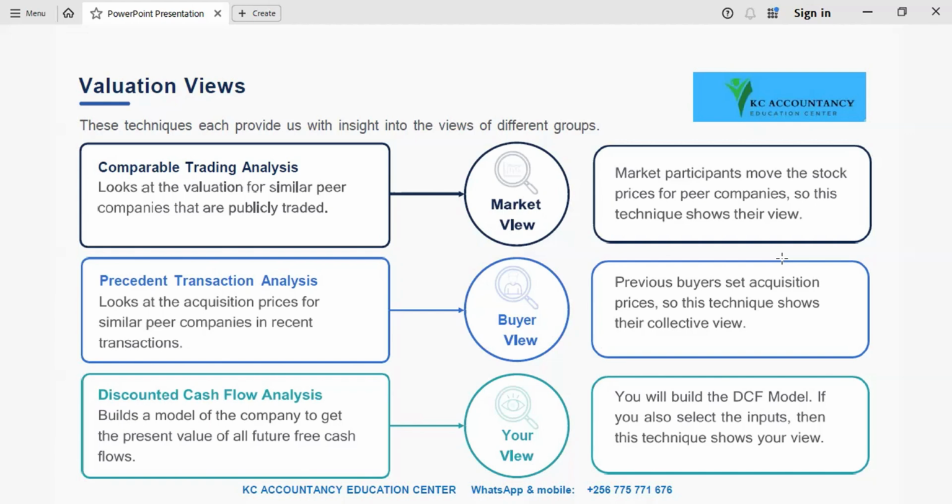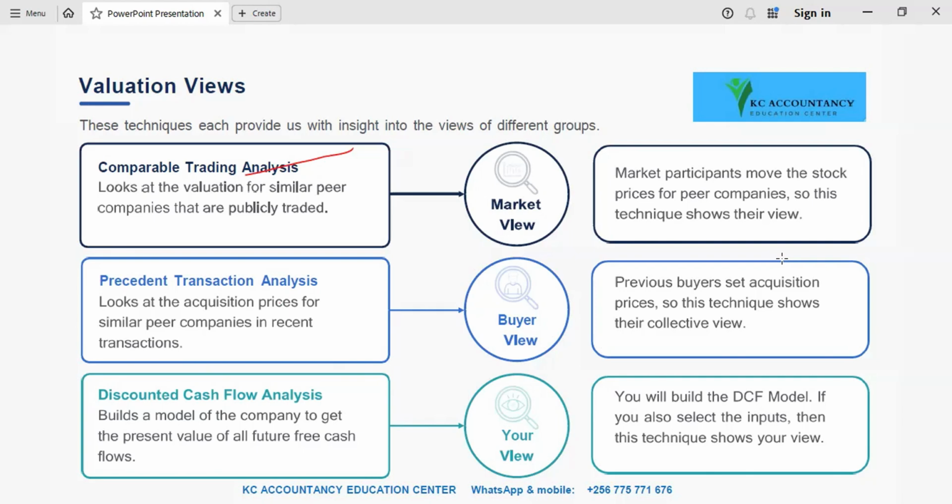We've seen these definitions in our previous video, but we want to refer to them in our discussion now. So let's start with the comparable trading analysis. Let's first remove these ones.